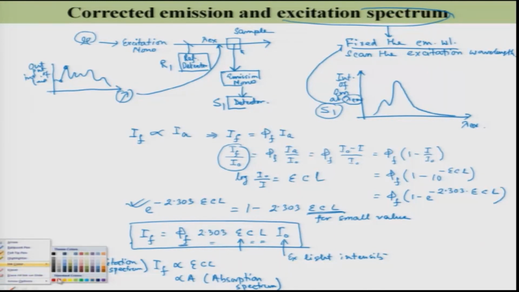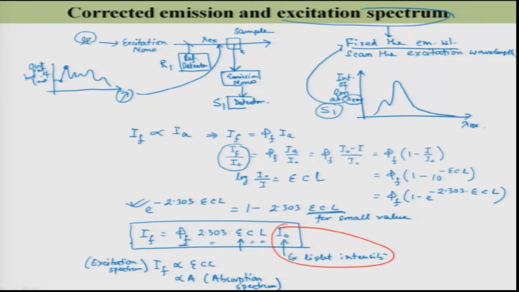Secondly, and this is most important, the excitation light intensity should be fixed over this wavelength, but it is not. You look here, you see here, it is not fixed; it is changing, like this, like this. So, the excitation light intensity I 0 is changing.